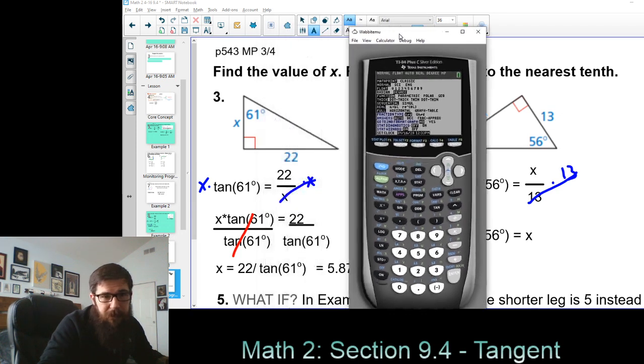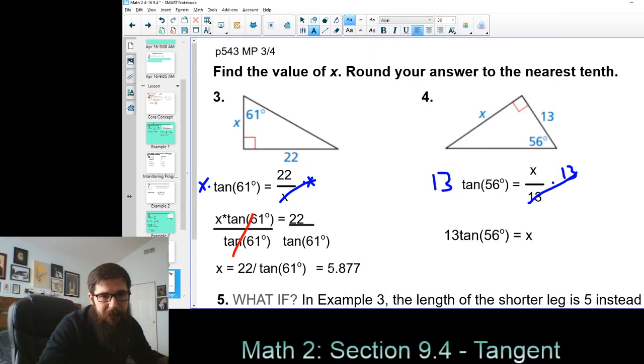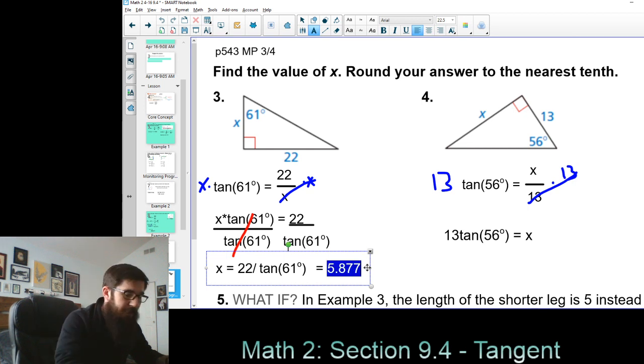I apologize. See, this is why it makes a difference, because I was like, we shouldn't be getting any negatives. Let me redo that 22 one. 22 divided by tan 61 is actually 12.195, let's call it. Makes a big difference. You saw me make it right there.